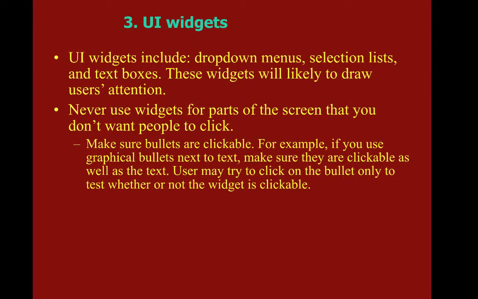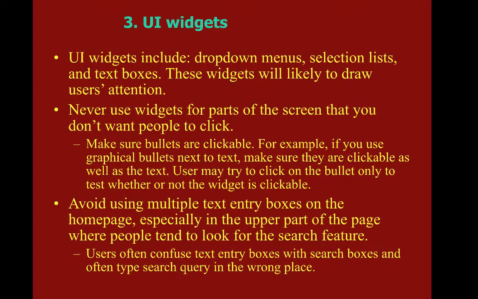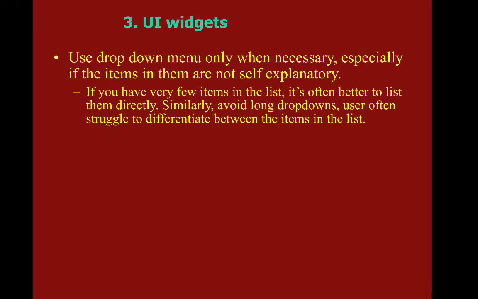And these are the widgets that are typically used. And we'll see in the HTML labs how you can encode different types of user interface with widgets like menus, selection lists, text boxes, and so on. These are called widgets. Okay. And in general, you don't want to have multiple text entry boxes. That's not used very much, as you might observe. Drop-down menus are not the most efficient way to do something, right?